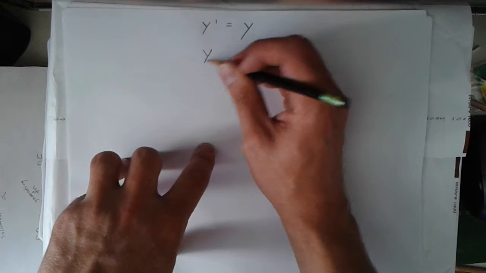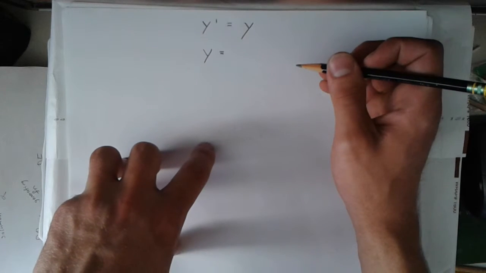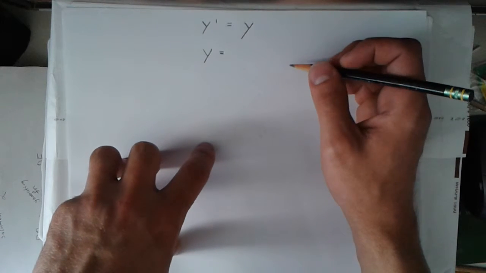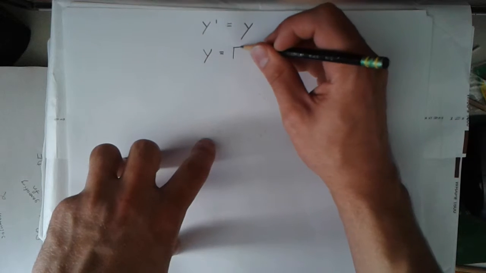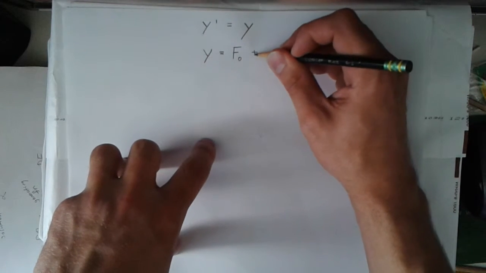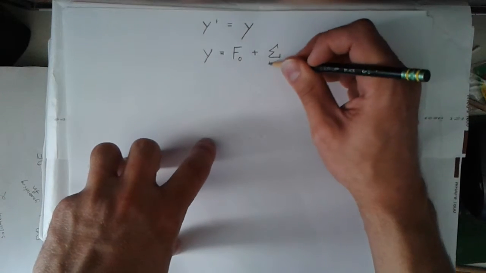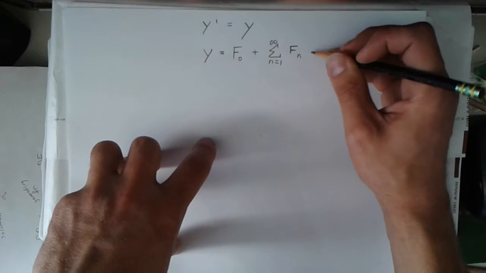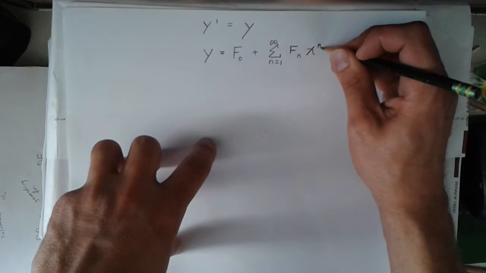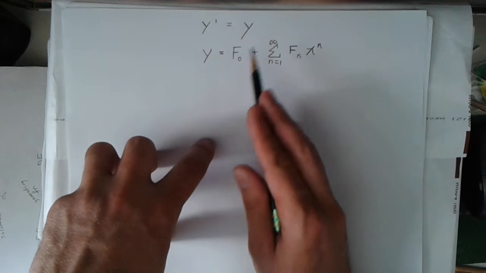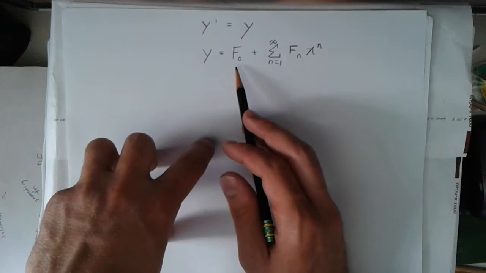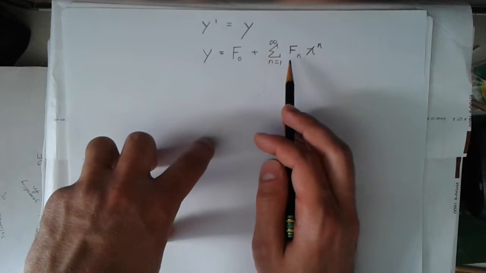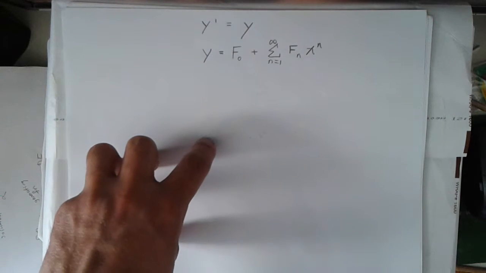So what we can do is assume that y is equal to a power series, and so I'm just going to write f0 plus the sum from 1 to infinity of fn x to the n. So all I'm doing is assuming that y is equal to a power series where fn just represent the coefficients of that power series.